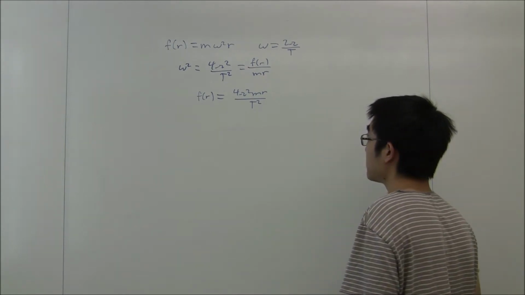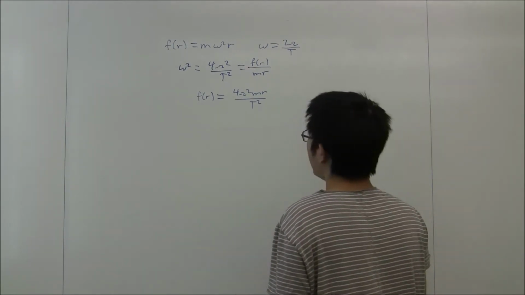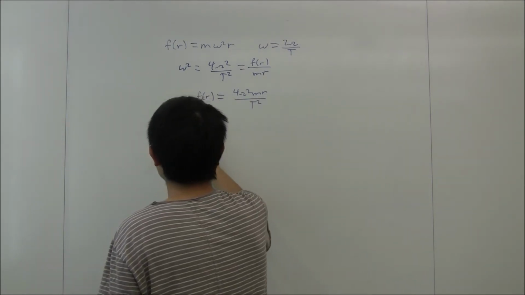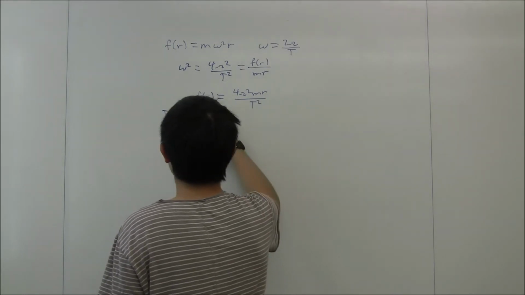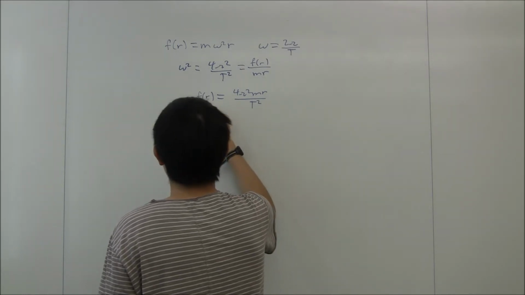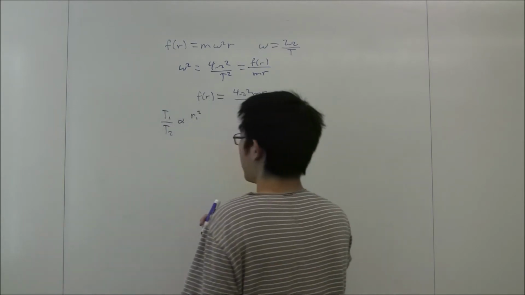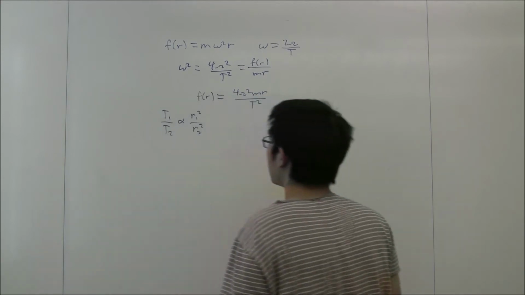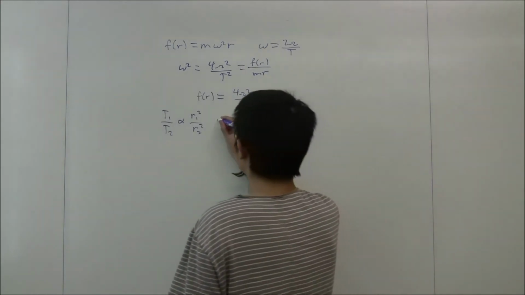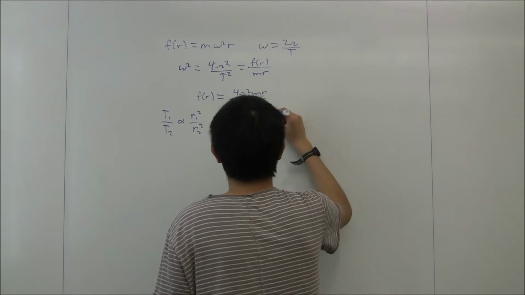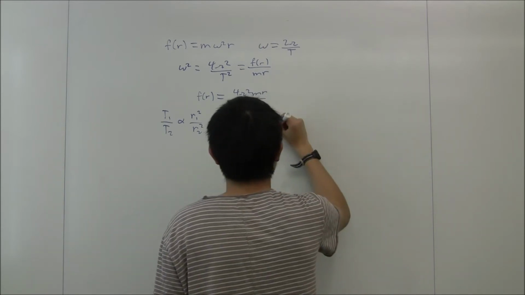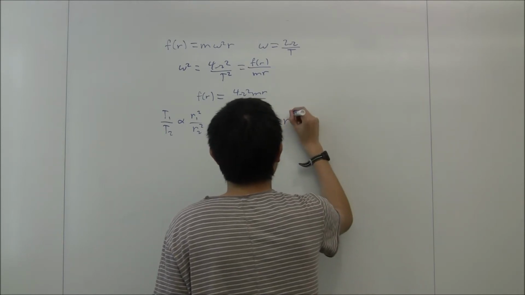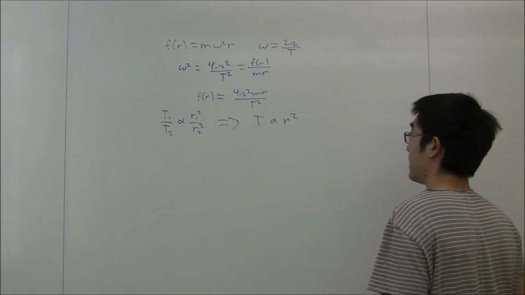Now, since we're given that the ratio between any two periods, let's call them T1 and T2, is proportional to the ratio of the orbital radii squared, so let's call them R1 and R2, which means that the period of any of the planets in the hypothetical solar system is going to be proportional to their orbital radii squared.